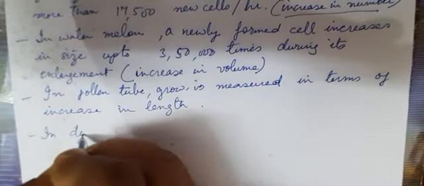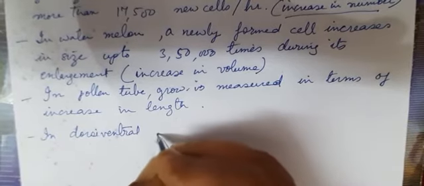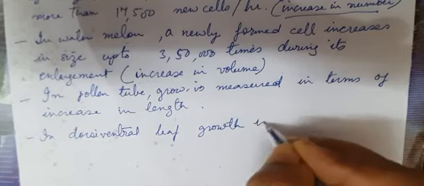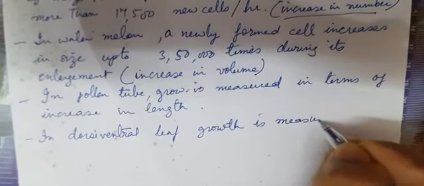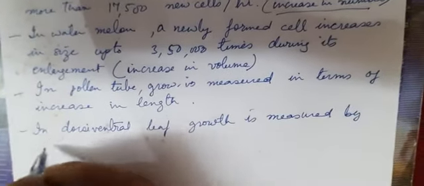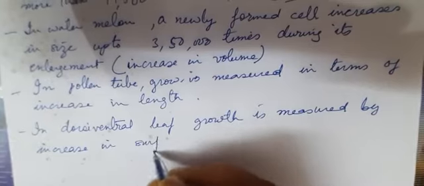In dorsiventral leaf, growth is measured by increase in surface area.